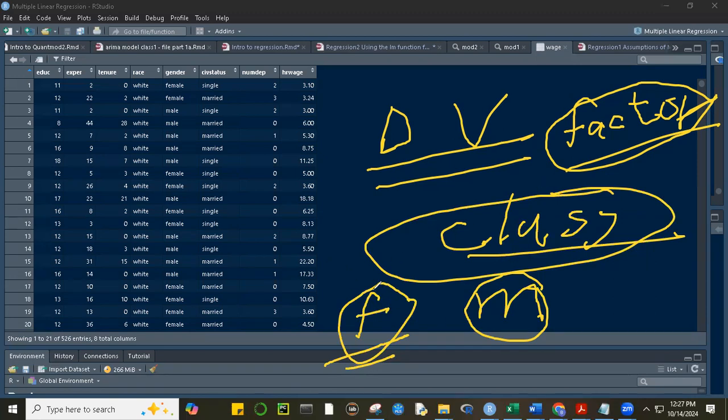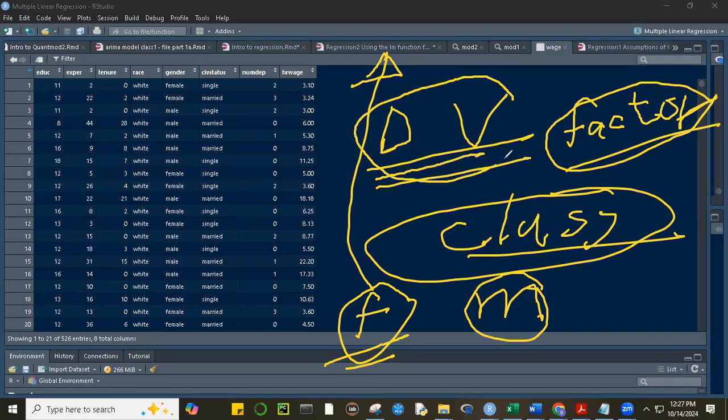So, si female ngayon yung magiging benchmark, no? Okay, when you say benchmark, it will be compared to the female. All right? So, what will happen is that R will now introduce what we call dummy variables, which is usually 0 and 1, to represent your factors.